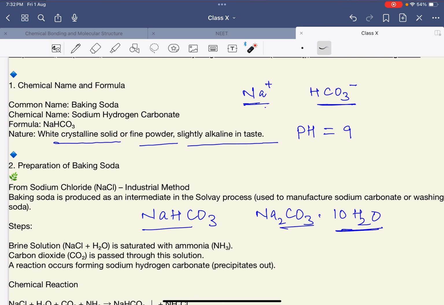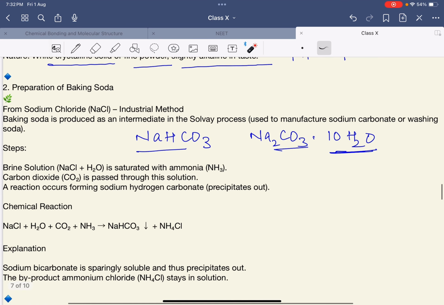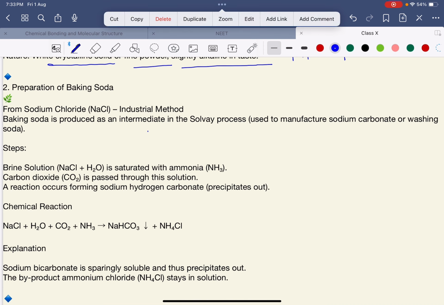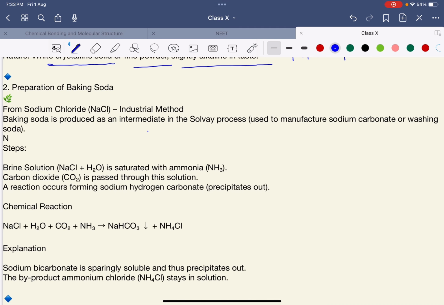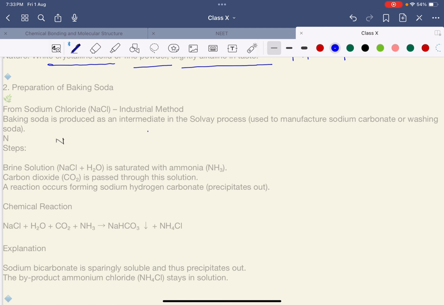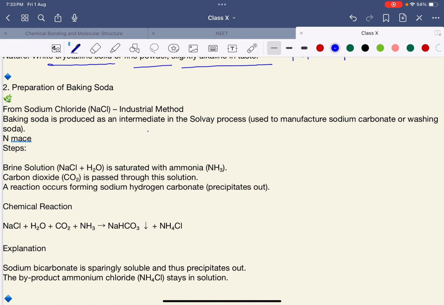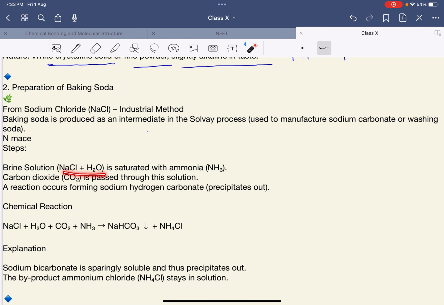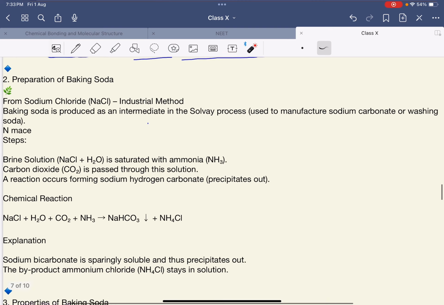It may be written as NaCl plus H2O, saturated with ammonia, and carbon dioxide gas is passed through the solution.